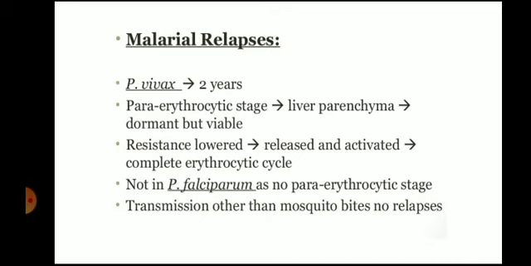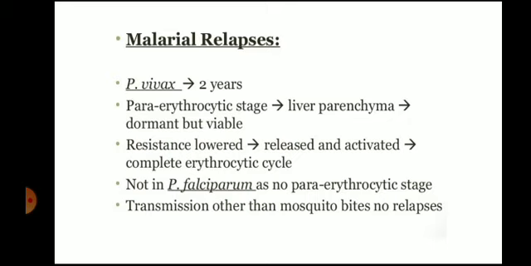Malarial relapses: Plasmodium vivax relapses up to 2 years, because of the para-erythrocytic stage in the liver parenchyma, where they remain dormant but viable. When resistance is lowered, these para-erythrocytic stages get activated and enter into the erythrocytic cycle. But this does not occur in Plasmodium falciparum, as no para-erythrocytic stage is present.